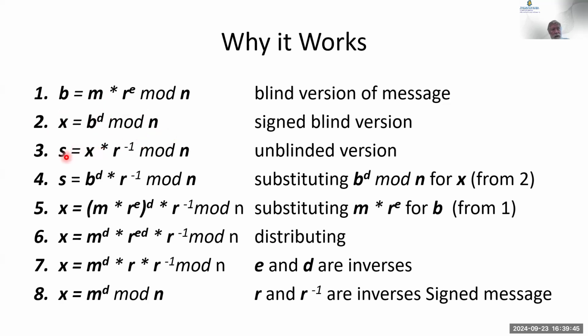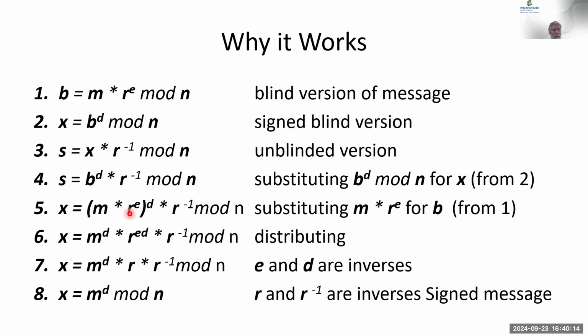Now we can unblind it by taking X, the signed blind version, times the inverse of R mod N. Substitute: X is B to the D mod N, so S is B to the D times R inverse, all mod N. Substitute from the first equation that B equals this, and that gives you this mess.